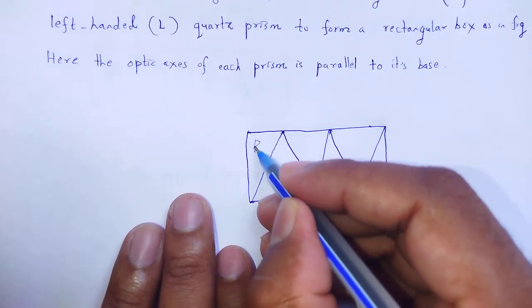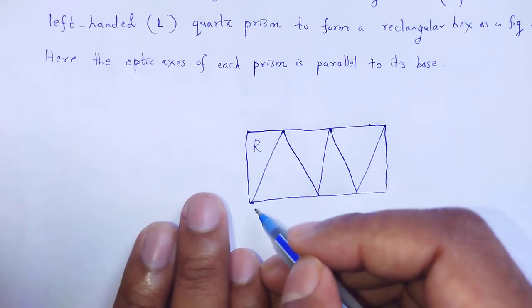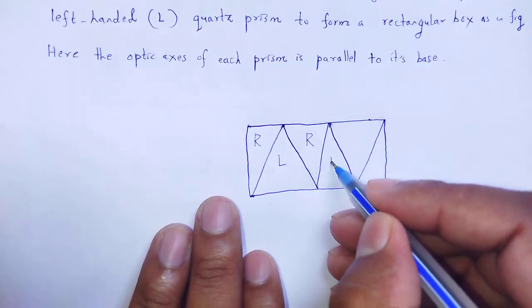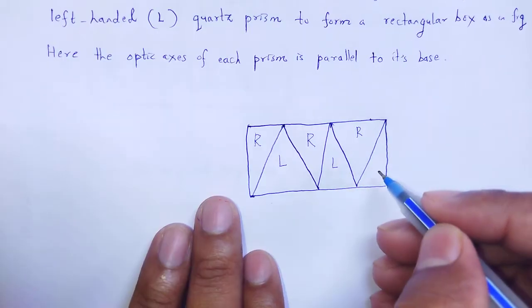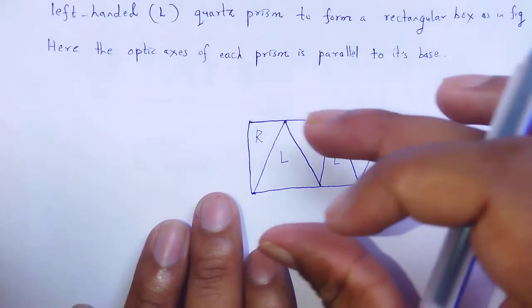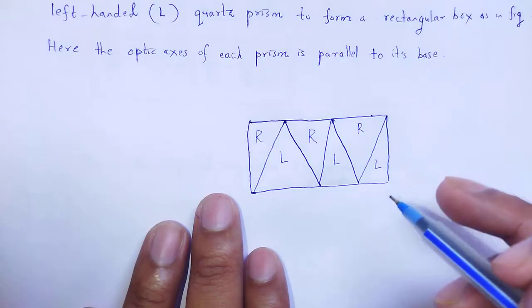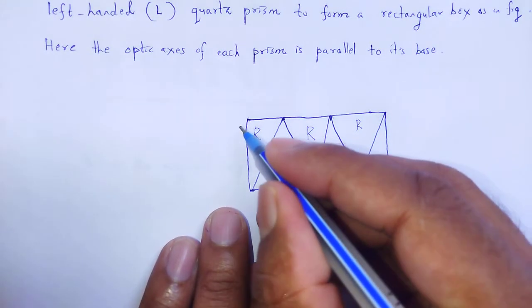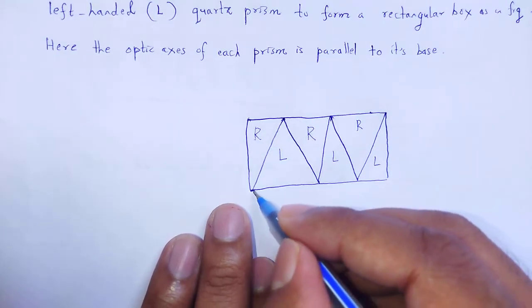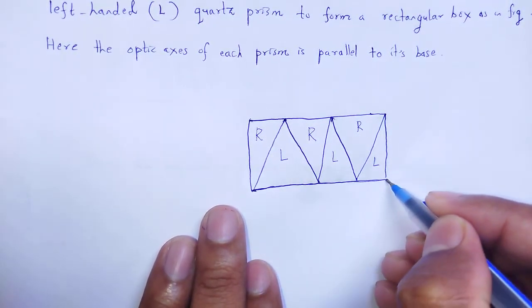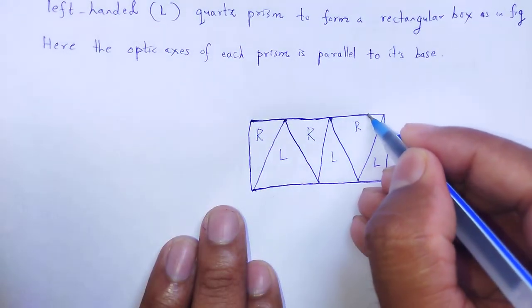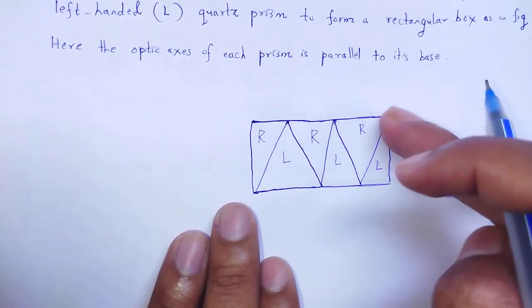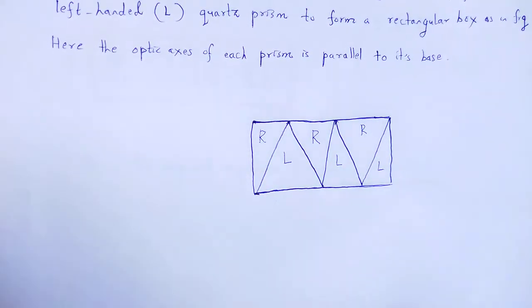This is a right-handed quartz prism, left-handed, right-handed, left-handed, right-handed, left-handed. In such a manner these quartz prisms are arranged, so the optic axis of these prisms is parallel to the bases, and they form a rectangular box.